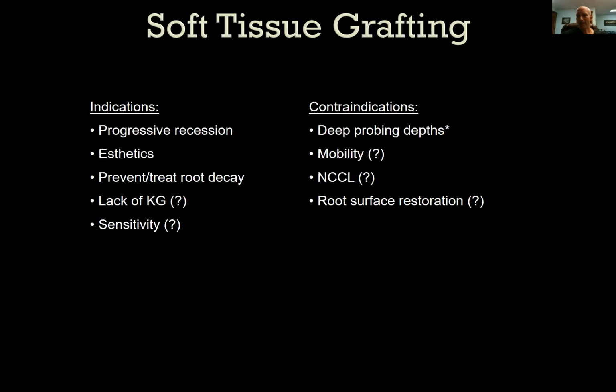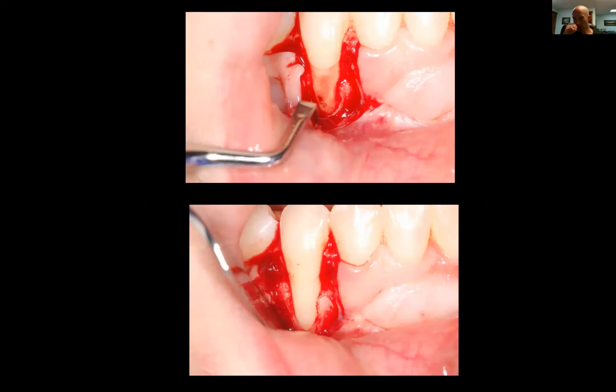Contraindications: deep probing depths. The one caveat to that is if that deep probing depth is on the facial surface or the direct lingual surface of a tooth which you're grafting, that can be addressed. You know, this is a 2 birds with 1 stone situation. Here we are doing a gingival graft on 27.